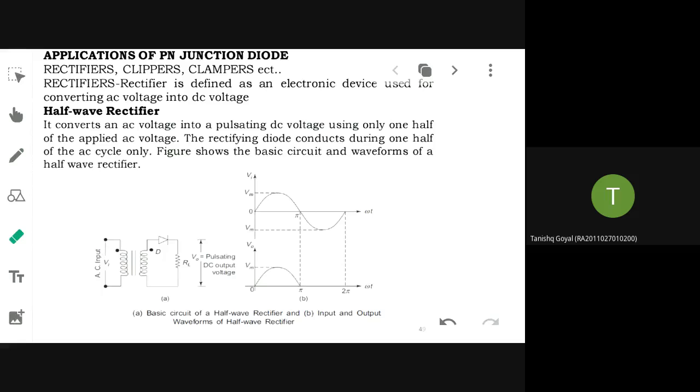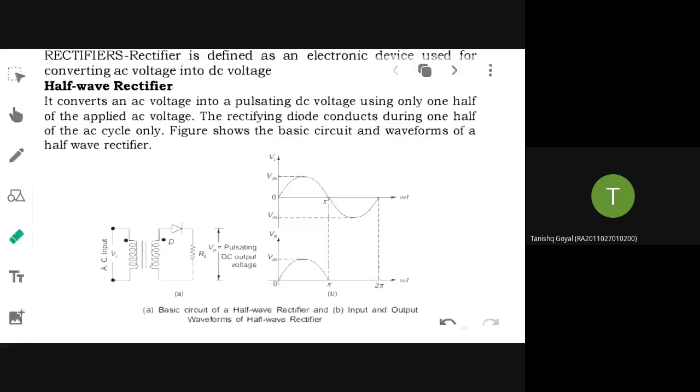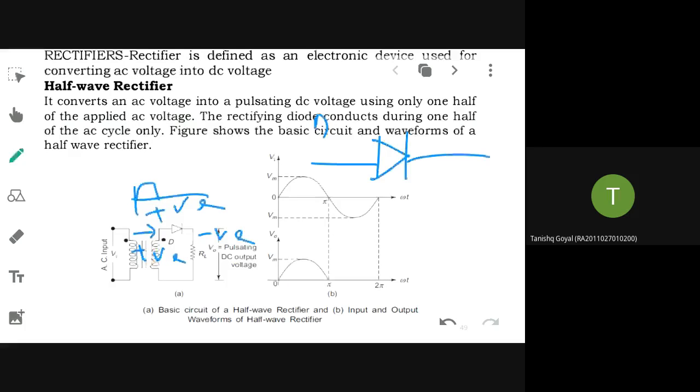Now, why it is called half wave rectifier: assume the input is going through a positive half. When the input is positive, here you will have positive and here negative. So the diode will be forward biased. If this is the diode, this is your anode and this is your cathode. Anode is positive with respect to cathode, which is negative. Such a biasing condition is forward bias.